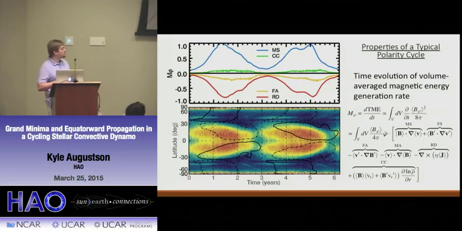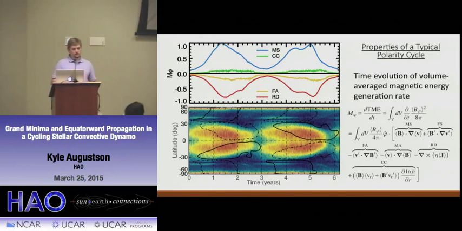And what you're seeing here is the magnitude of the gradient of omega at 0.9 solar radii. You can see that this follows and is very closely correlated with the magnetic field. This is evidence of the Lorentz force feedback on the differential rotation, and hence this quenching of the mean shearing terms.